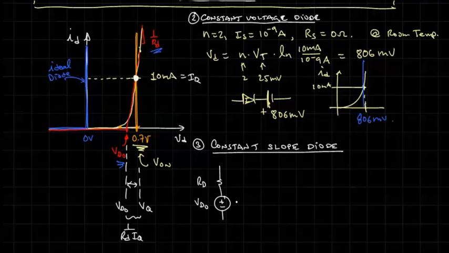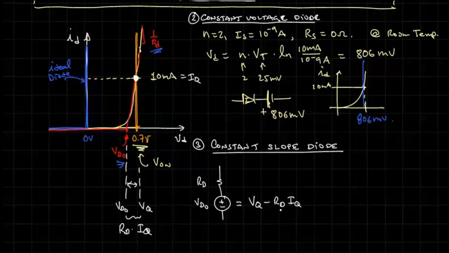So we can write VDO is going to be equal to VQ minus, that's not right, that's RD times IQ, for proper units. So VDO is equal to VQ minus RD IQ.